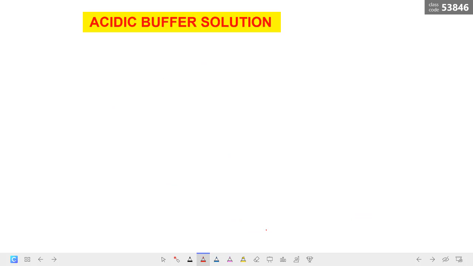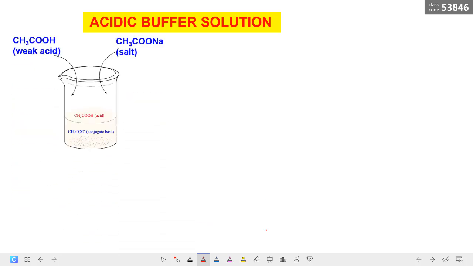Now kita lihat acidic buffer solution dengan lebih terperinci. Saya ambil contoh, a mixture ataupun solution that contains acetic acid tadi and its salt. Jadi kalau kita lihat dalam beaker ini, it contains the weak acid itself and salt.